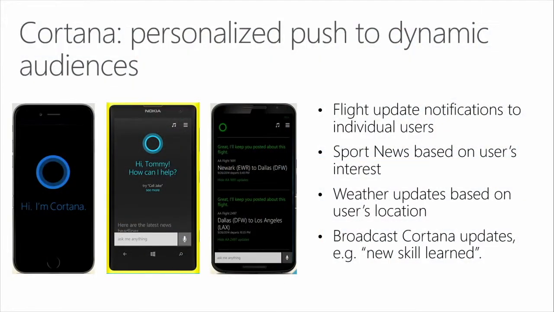Another example, closer to home, is Cortana. Cortana is an application that is a first-class app on Windows Phone, and it's recently been announced that it will also appear on iOS and Android.